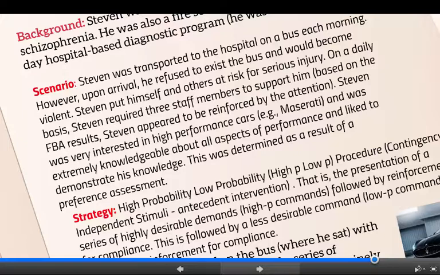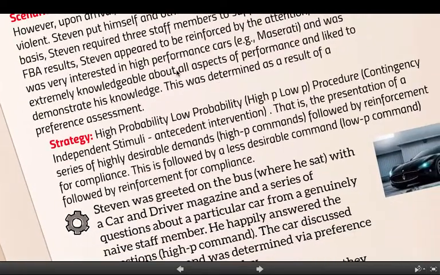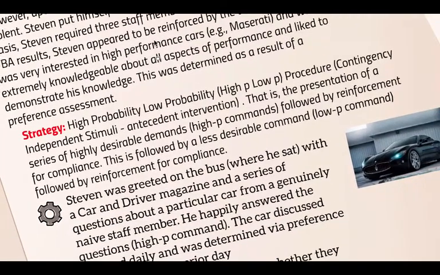And what we found was that Stephen was very interested in high-performance cars, Maseratis, Ferraris, Lamborghinis, and he was extremely knowledgeable about all aspects of performance, and quite frankly, he liked to demonstrate his knowledge. He liked to talk about cars, liked to talk about high-performance cars, and he would demonstrate that. And the information was determined as a result of the preference assessment that we did.